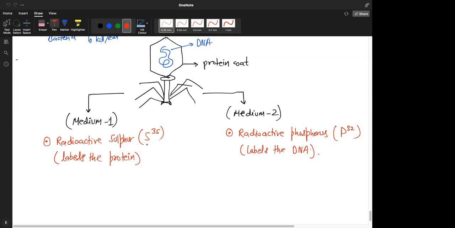So let's do this. Let's tag. And you know what is radioactive element? Do you know it already from your chemistry or physics? Sumaira, you know what is radioactive? But they are highly reactive. Yes, but what is radioactive? Sumaira, any idea?